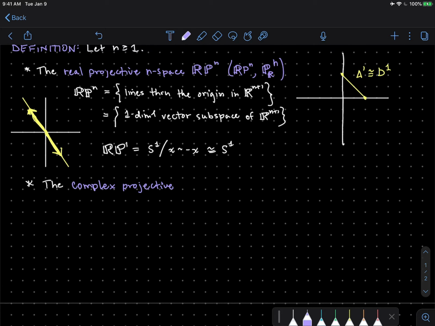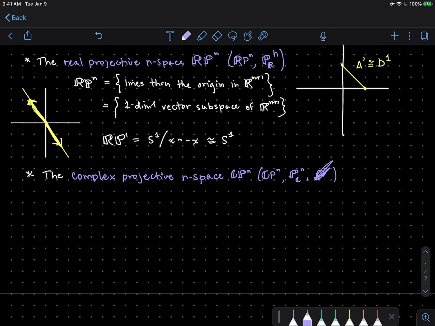Now this is denoted CPn, and similarly you might see bold C, regular P n, or P subscript C to the n, or if you're working with classical algebraic geometers, you'd just see P to the n with the C implied, but let's not worry about that one for now.